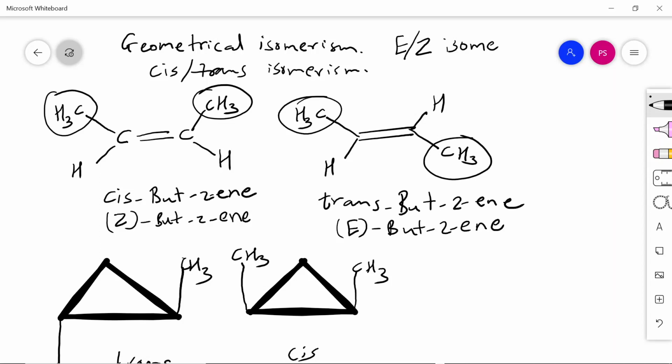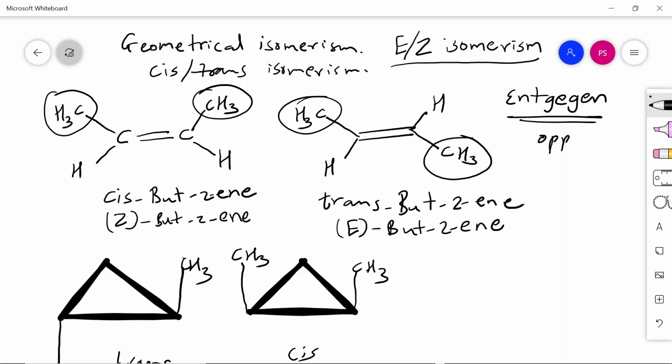In case of geometrical isomerism, you can assign absolute configuration E or Z to cis and trans isomers. Now E is derived from German word entgegen, means opposite.